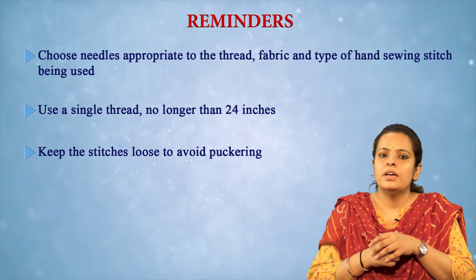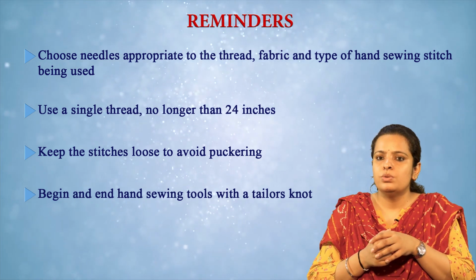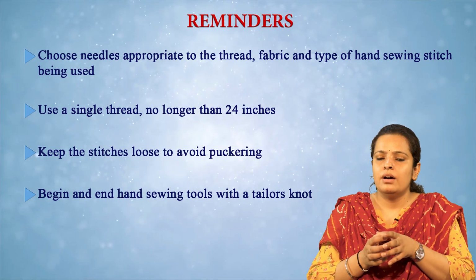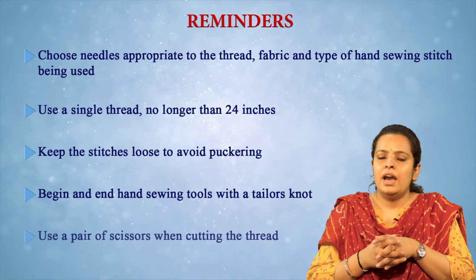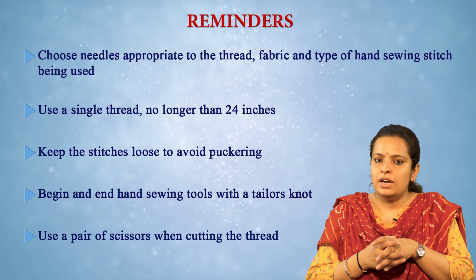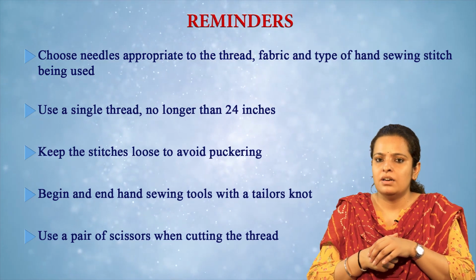Then begin and end hand sewing with a tailor's knot. Make a knot at the end of the thread carefully, and use a pair of scissors when you want to cut the thread.